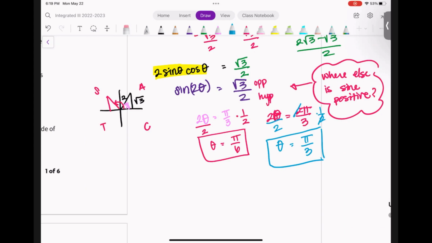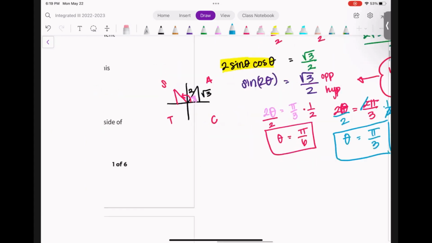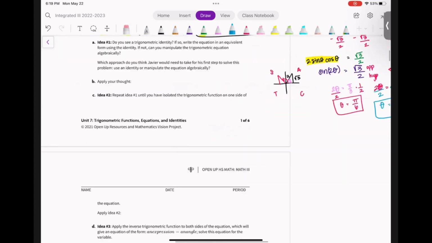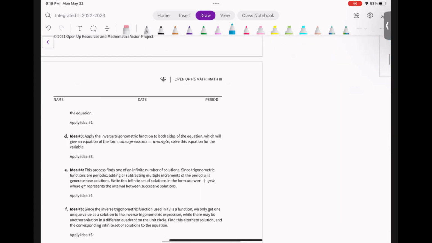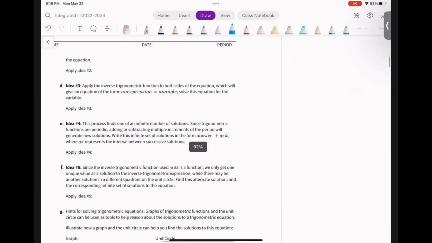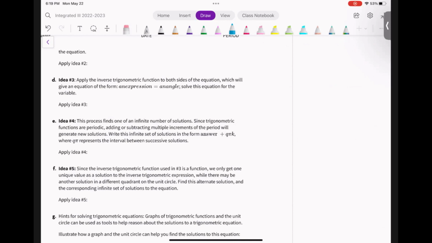So what I now need to do is find all of the answers. Sorry, I wasn't even paying attention to these letters here. Okay, so D, apply the inverse trig. We did that. So then it says idea number 4. This process finds an infinite number of solutions. Since trig functions are periodic, adding and subtracting multiple increments of the period will generate new solutions.